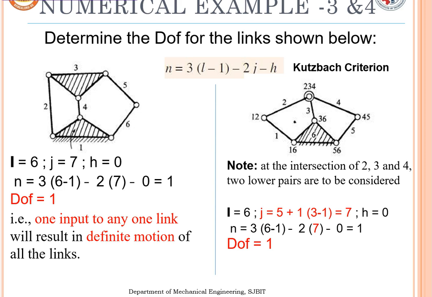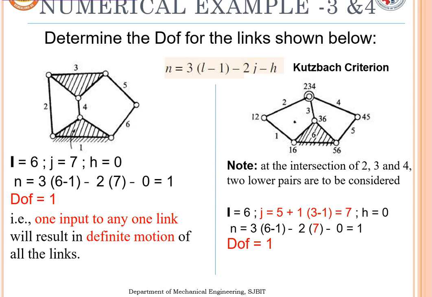Counting the joints: in the first frame it has 3, in the other frame 3, so 3 plus 3 is 6, and another one makes 7. So j is equal to 7 and h is equal to 0. Substituting in the expression, the degree of freedom is 1, which means if we give input to any one link, that will result in definite motion.